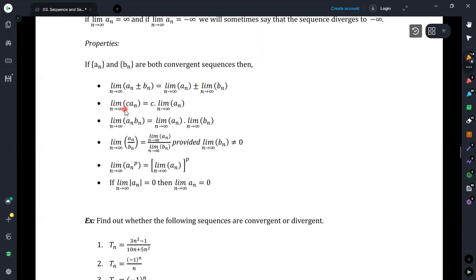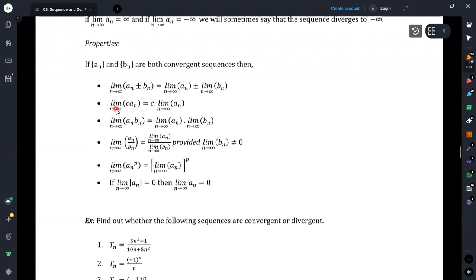The next property is if you have a convergent sequence, and you obtain a new sequence by multiplying the existing sequence by an integer, then again we'll get a convergent sequence there as well.